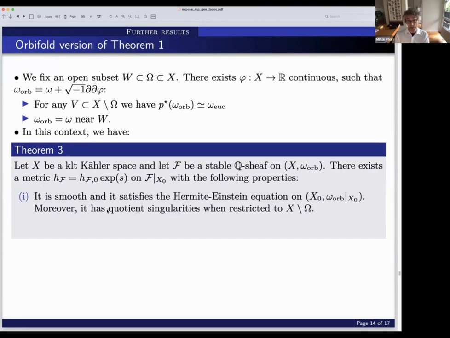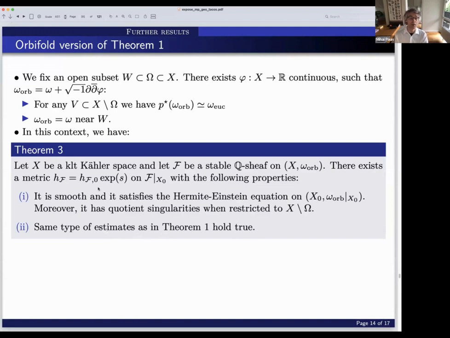The first one is that it is smooth and satisfies the Hermitian-Einstein equation here. And moreover, it has quotient singularities, but only in the complement of this omega, right? Where the reference metric has orbifold singularities. And then the same type of estimates as in theorem 1 hold true.